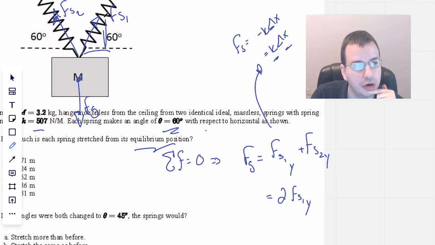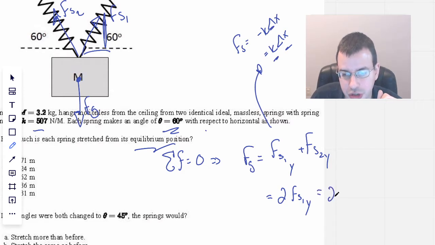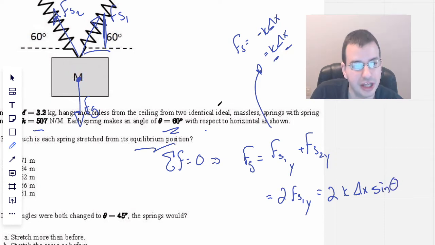Then we want just the sine component, so this is going to be 2k delta x sine theta. We only want the y component, so if this is theta, then this value is the sine of theta times the hypotenuse, the hypotenuse being the force of the spring.